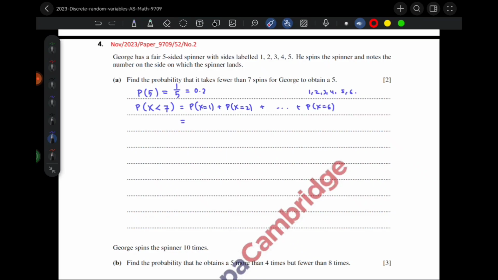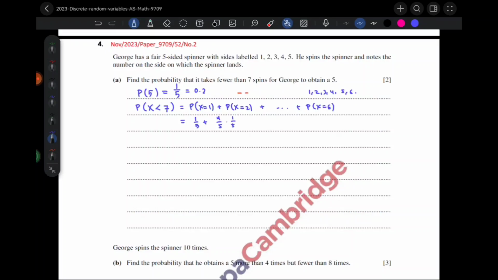Probability X equals 1 means he got 5 on the first attempt, so we have 1 over 5. For X equals 2, it's very similar to number 1: on the first attempt he doesn't get 5, and on the second attempt he gets 5, so we have 4 over 5 times 1 over 5.